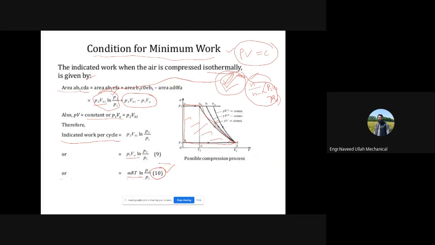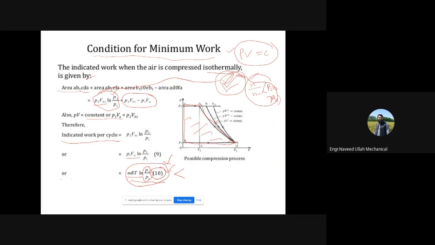And the work consumed by the compressor using this equation for the same pressure ratio will be less than for the one that we discussed earlier. इसमें work consumption शायद कोई example है भी, मेरा ख्याल है आगे. Work consumed by the compressor if the process is isothermal is less than when the process is polytropic or isentropic.